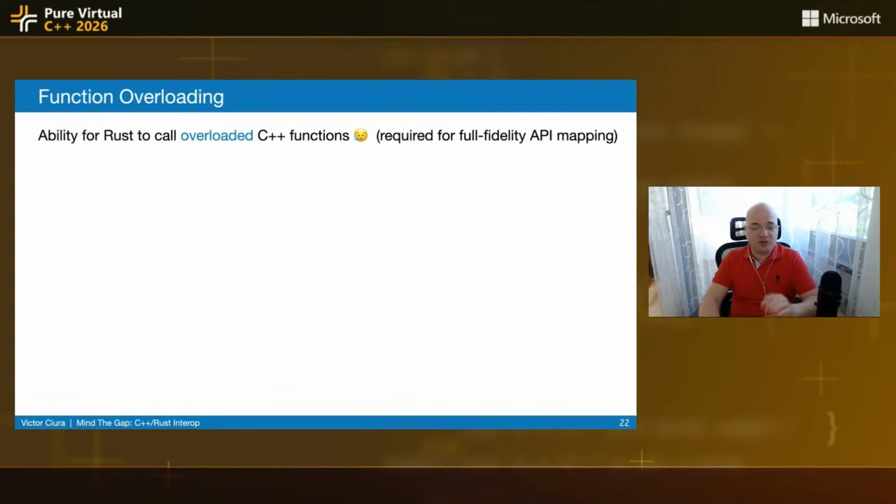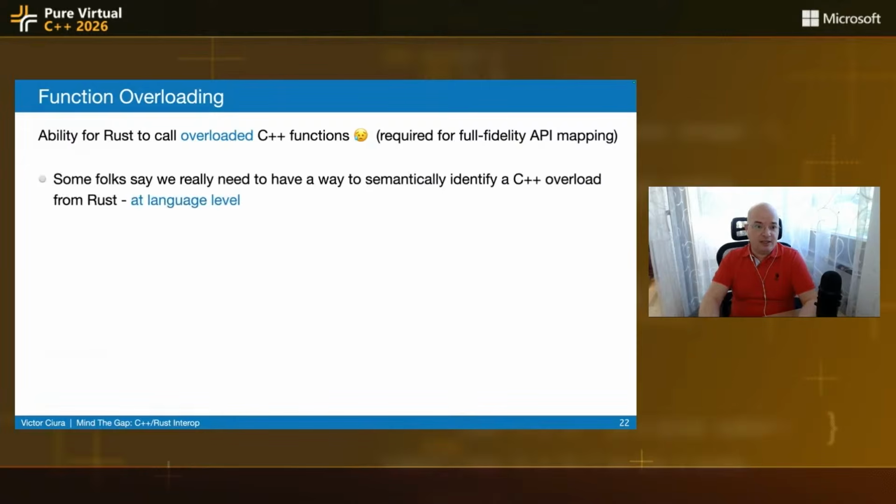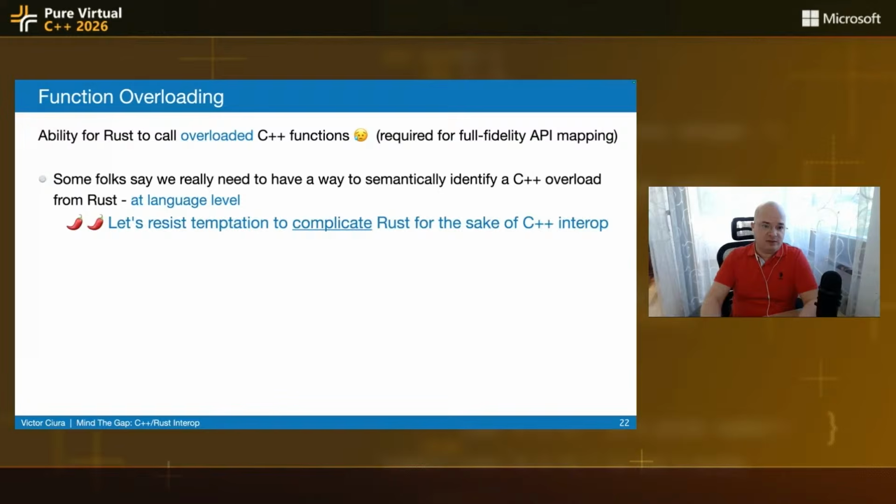Just focusing on function overloading as one example of this, many people say this is a sort of table stakes requirement, being able to call overload sets on the C++ side. And some folks say that we really need to have a way to semantically identify C++ overloads from Rust at the language level. My take on this is that we have to resist the temptation to complicate Rust too much for the sake of interop and interop alone.